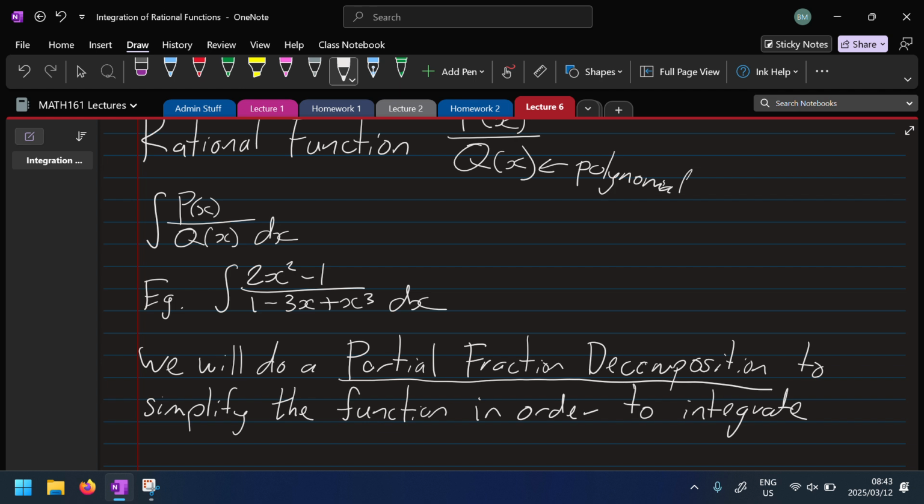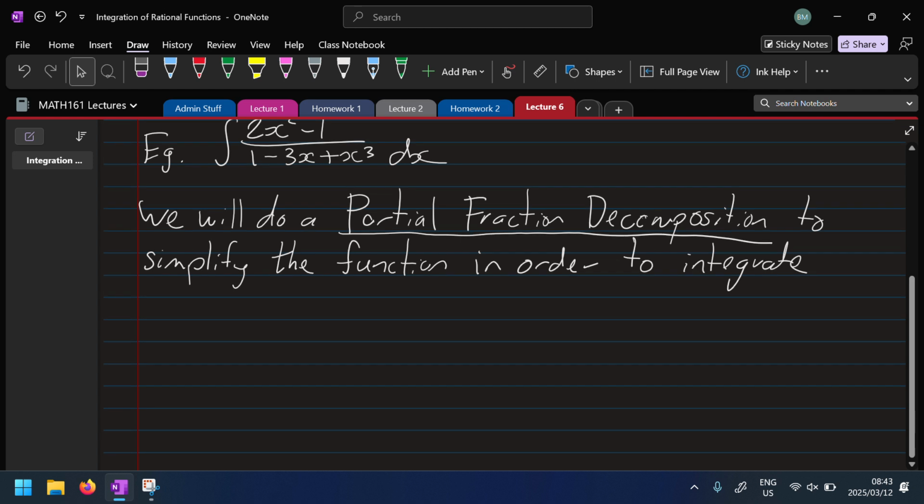What we're going to do is take this complicated function and split it up into a sum of terms where each term is a lot easier to integrate. As a whole, this is very difficult to integrate. But once we split it up into the sum of terms, we'll see each one is very easy to integrate. And then we can just add up all the answers, and we get our total result.